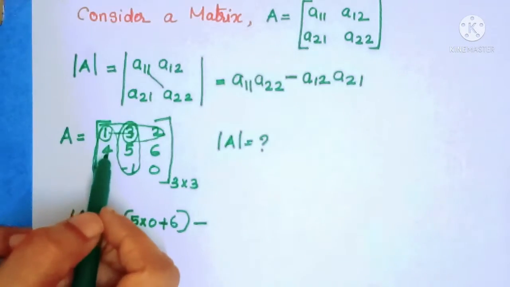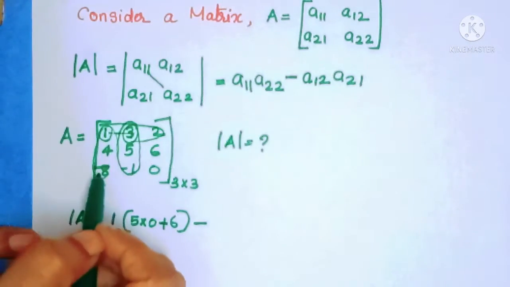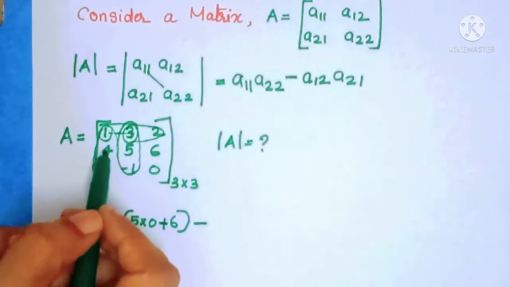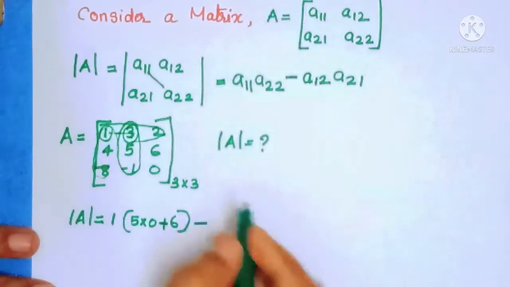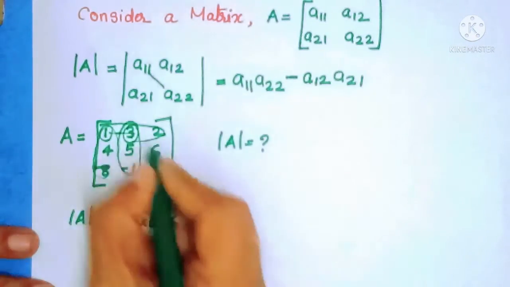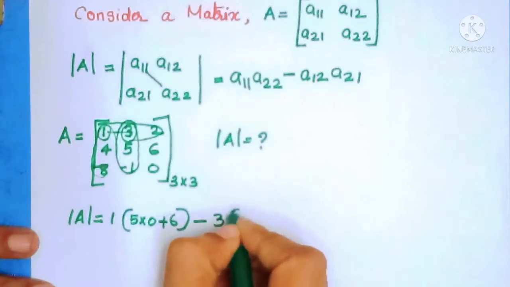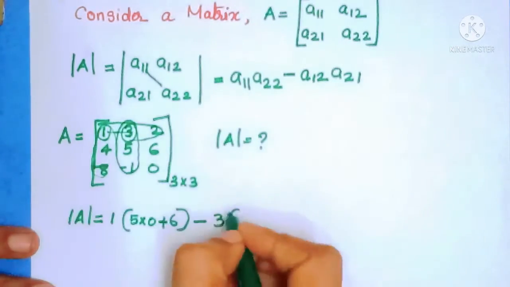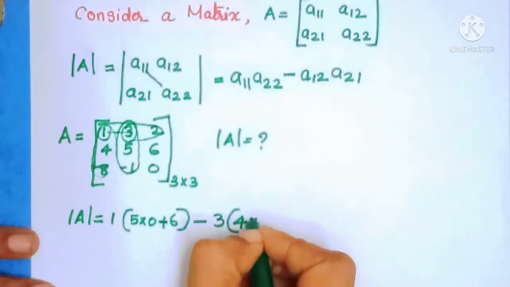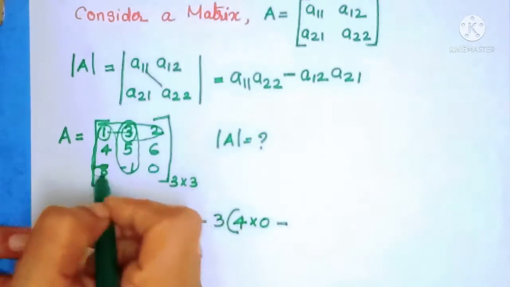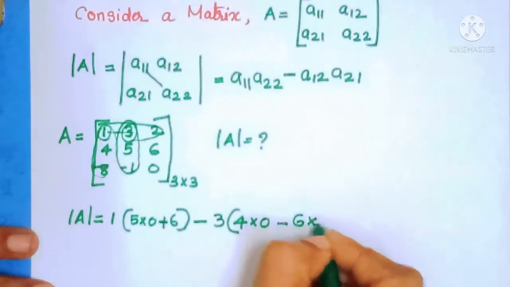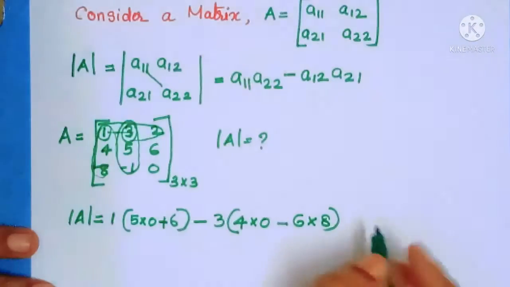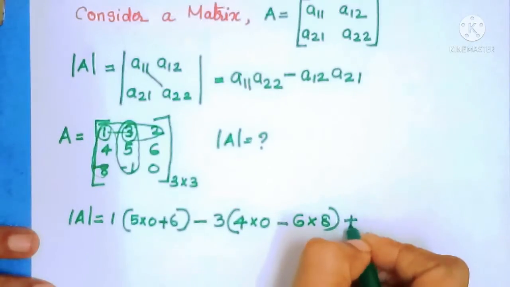Then the balance numbers are 4, 6, 8, 0. So we can multiply crosswise. First write this 3 into 4 into 0 minus 6 into 8. Then put a plus sign.